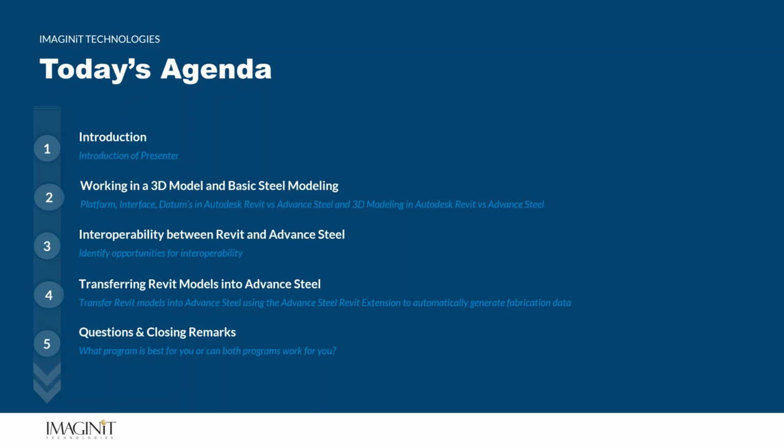Then I'm going to get into interoperability between Revit and Advanced Steel, opportunities to figure out if you want to use one software package or two, and how I can work with both or not. Then I'm going to show you a way to work with both pieces of software by transferring models from Revit into Advanced Steel. And then we'll have questions at the end.